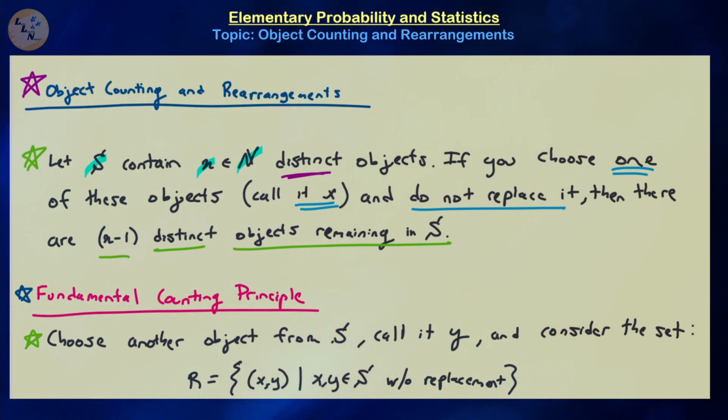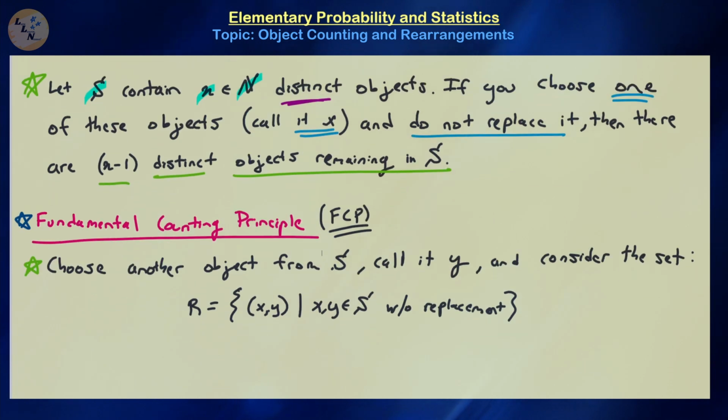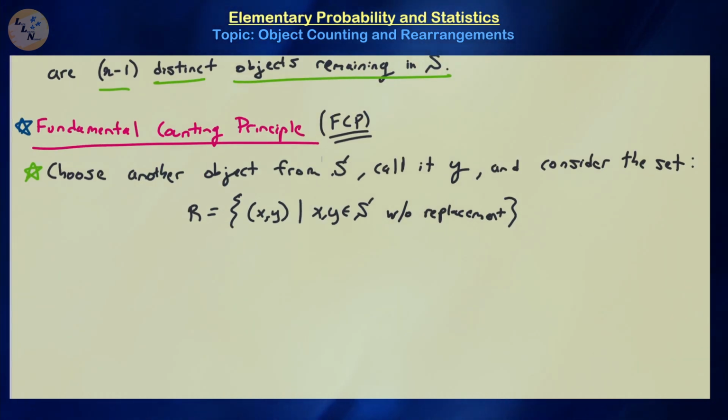So the next principle, which is called the fundamental counting principle, and some people will refer to it as just FCP for short, is going to be very fundamental in a lot of these counting strategies that we're going to be looking into today. So let us now choose another object from this set S, and let's call it y, and let's consider the set R of all possible pairs x comma y, where x is the very first element and y is the second element that is drawn, and let's assume that we do not replace the first.